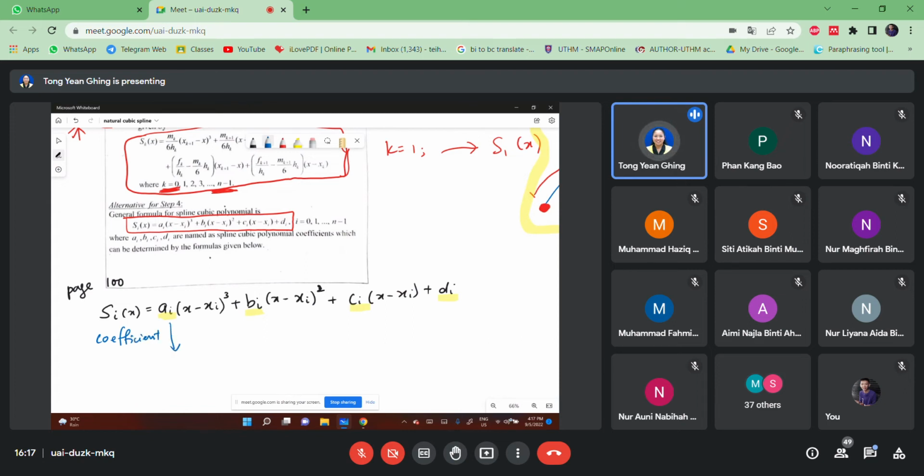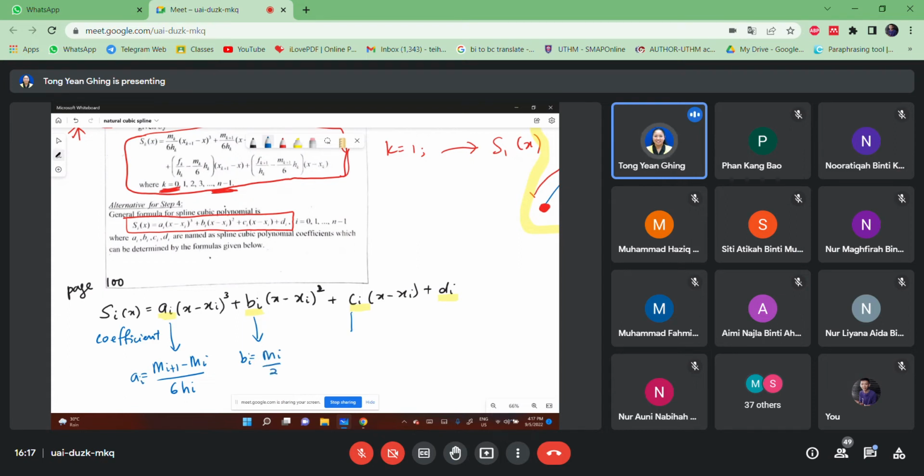Okay, this A, B, C, D. So the formula of A is (m(i+1) minus mi) divided by 6hi. And the formula of B is mi divided by 2.